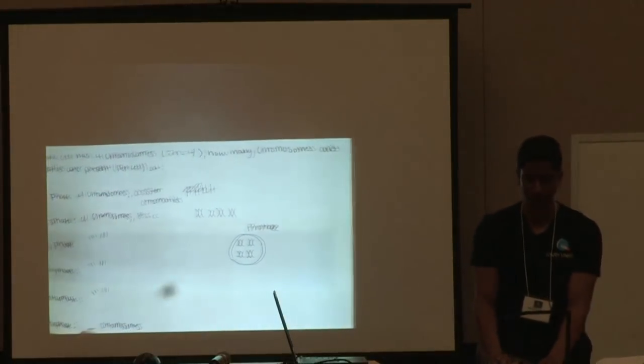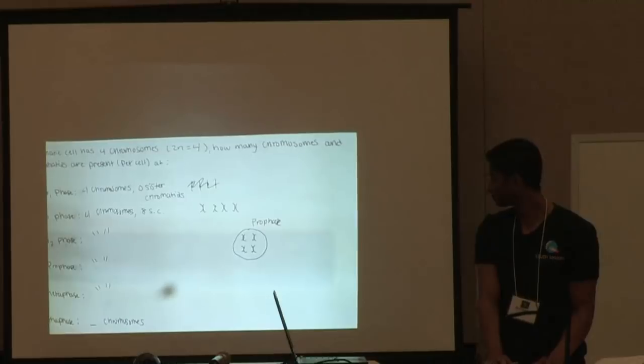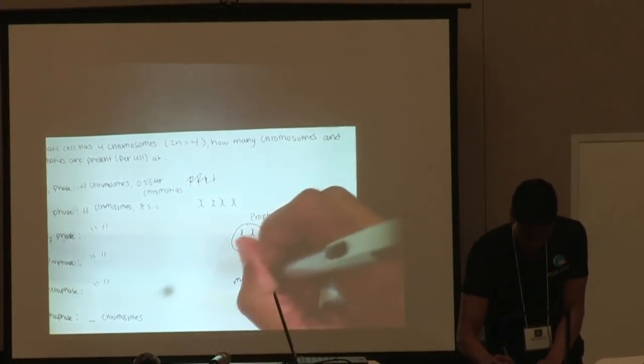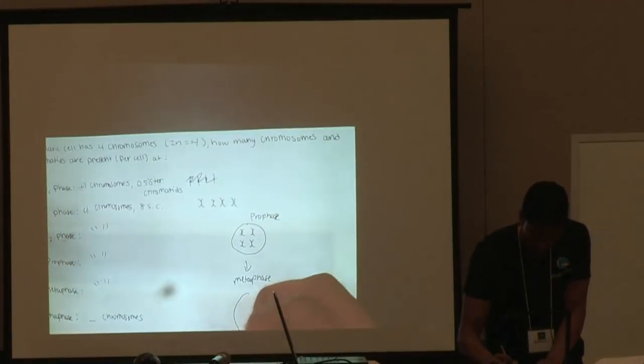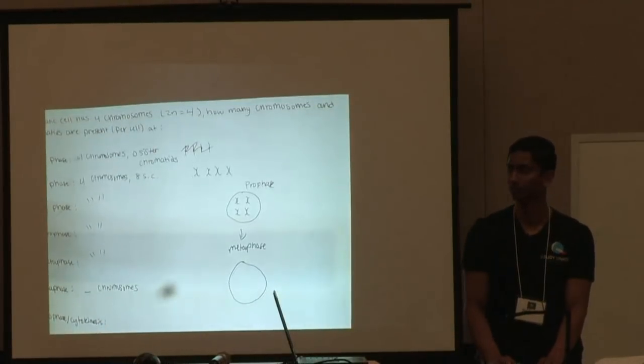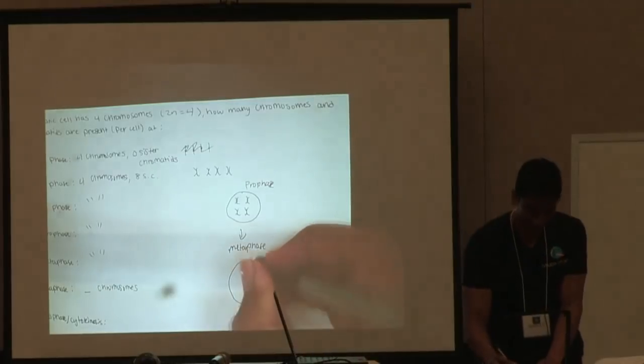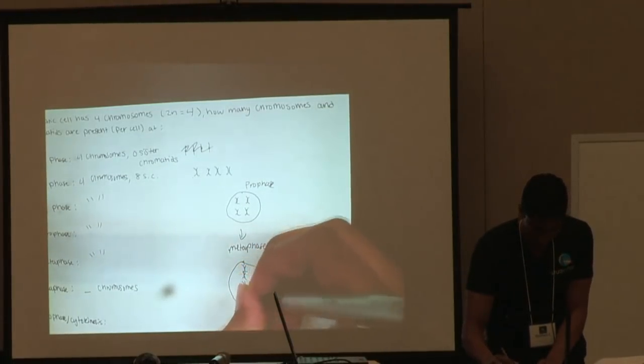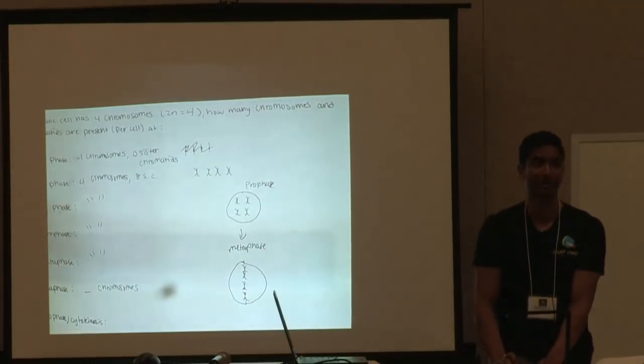So this is a cell in prophase. 2n equals 4. What happens in metaphase? They line up on the metaphase plate. What else happens here?